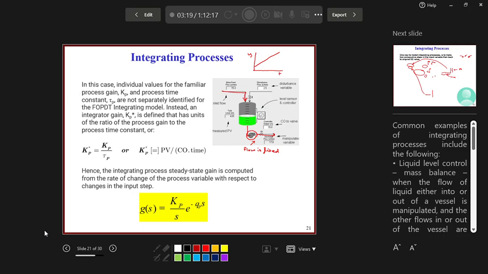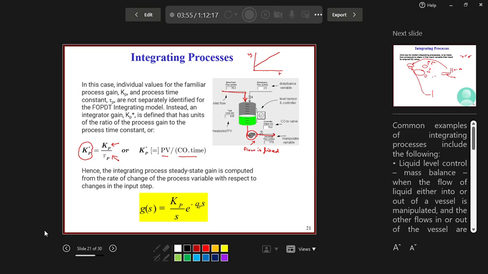The modeling of such a system involves calculating what's called the integrator gain. So notice the star here, which means that this is not the steady state gain. It is called an integrator gain, and this is defined as the ratio of the process gain to the process time constant. So it is both parameters in one parameter, and the units will be the units of the process variable divided by the units of the control output times time.